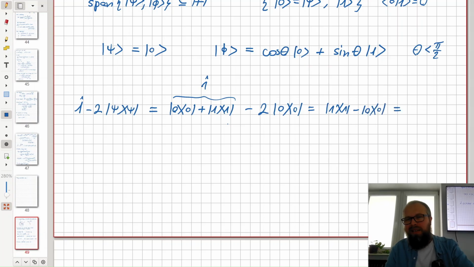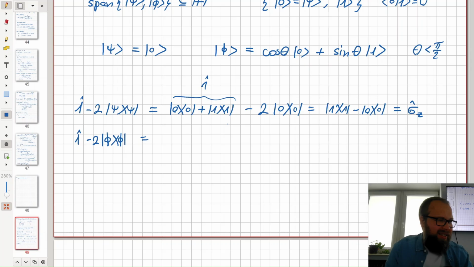Which is, let's call it, because it is the Pauli operator, the Z operator, the diagonal one, right? Which is fun. And for the other one, you can do similar algebra, but there are way more terms.